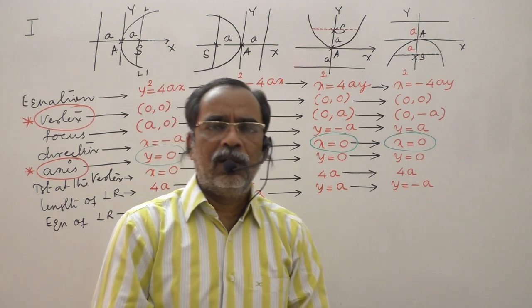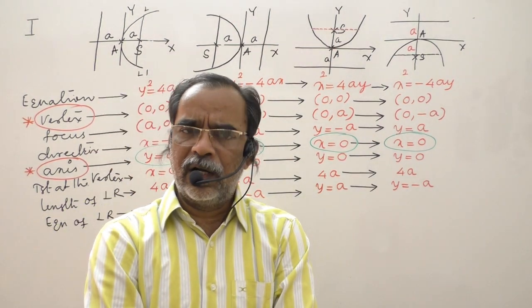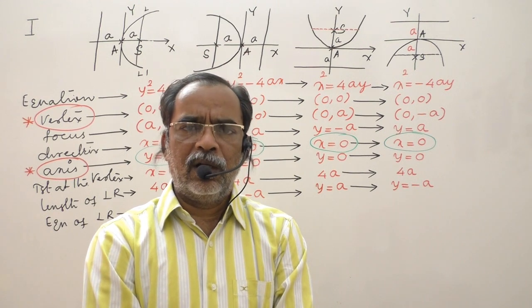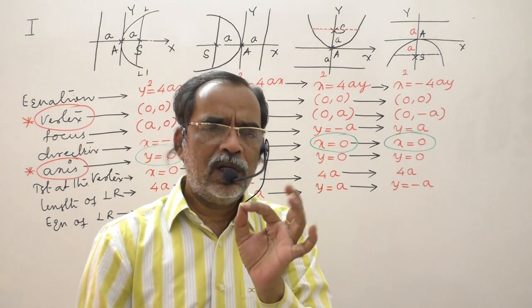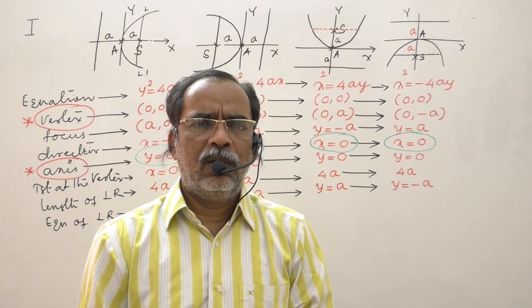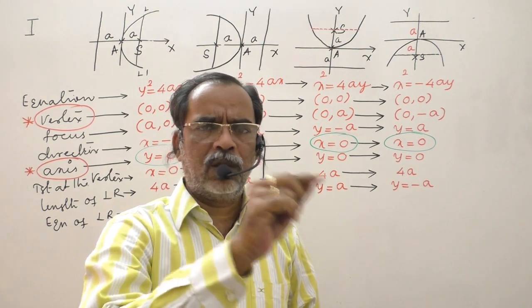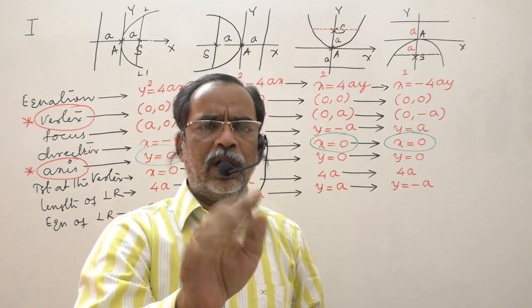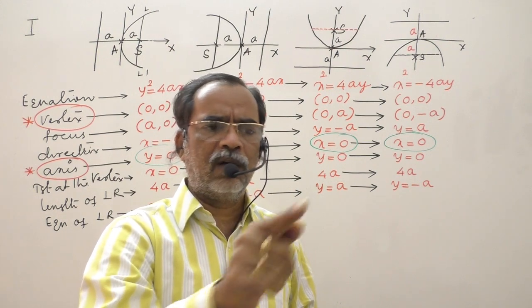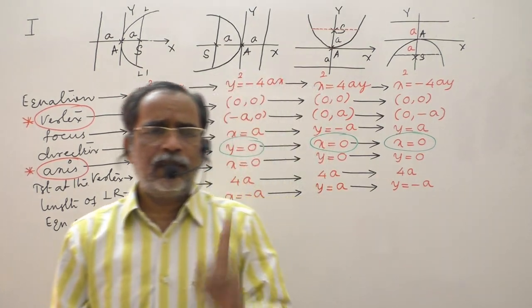So these 4 parabolas are known as standard forms. We have taken this as set 1. These 4 forms must be studied thoroughly. You should be able to draw the figures, and you are supposed to identify all the details. This is focus for this figure, vertex, directrix, equations, etc. Please practice a lot. Now, we will see what is set 2.